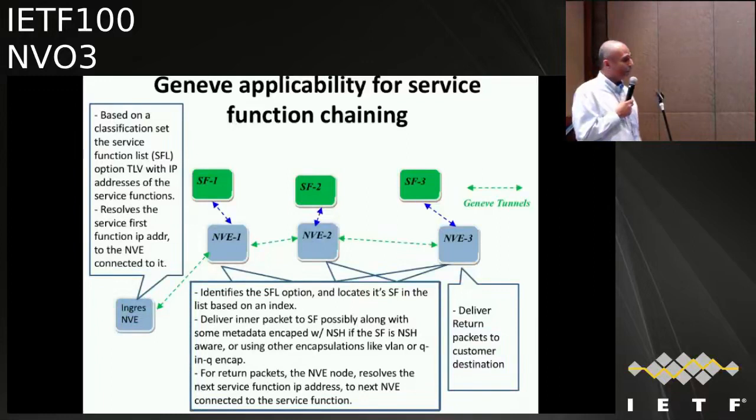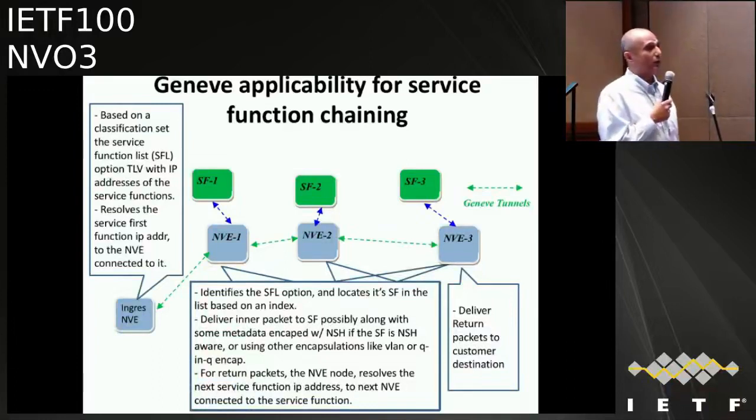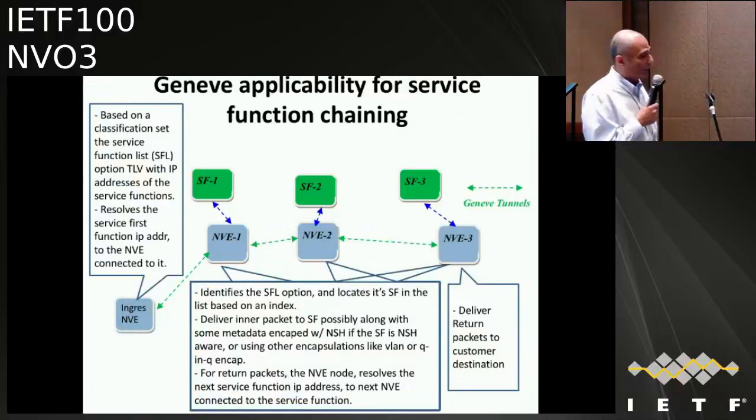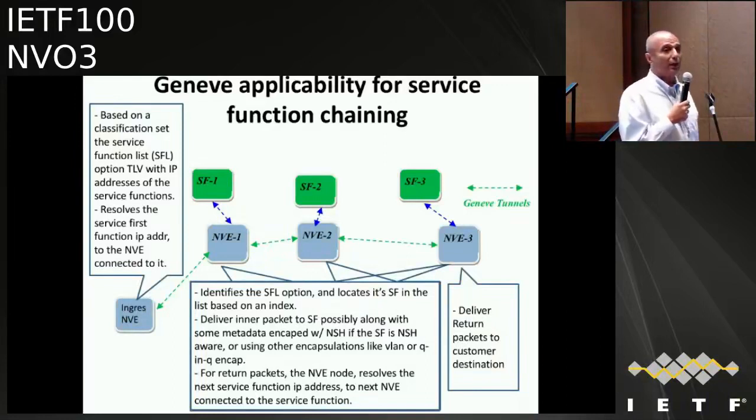At the ingress NVE, we are doing the classification, and the classifier sets the service function path information into the Geneve tunnel as an option, and sends it, and then resolves the first service function to the Geneve tunnel connected to the NVE hosting it.